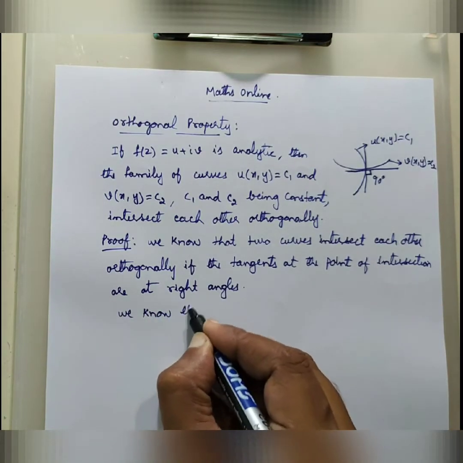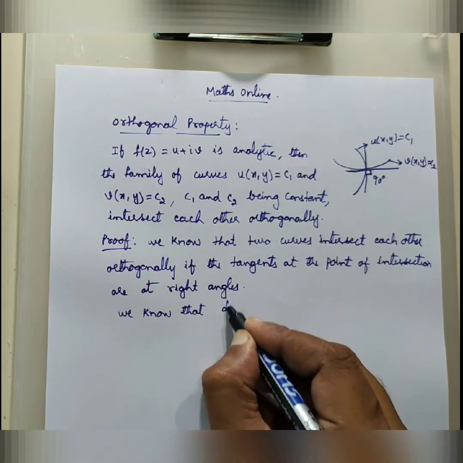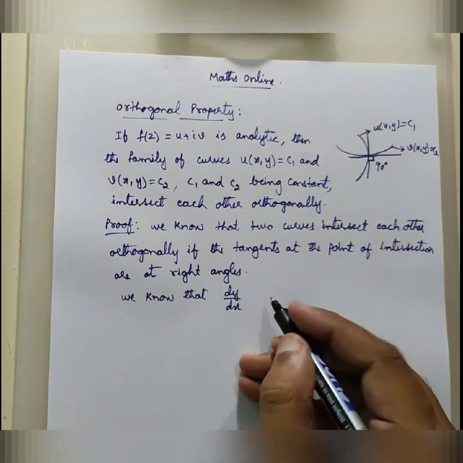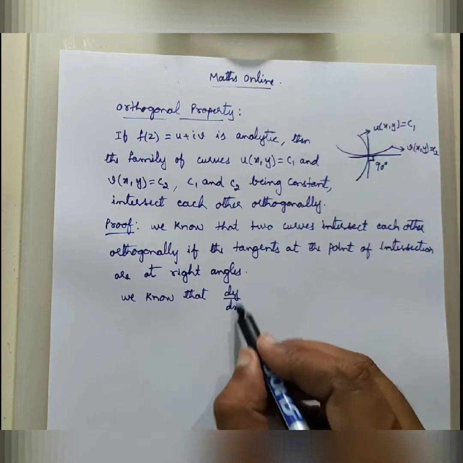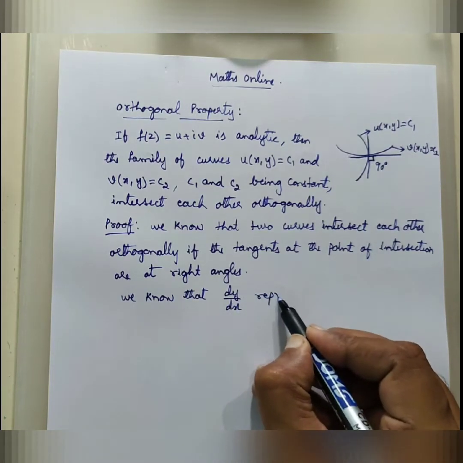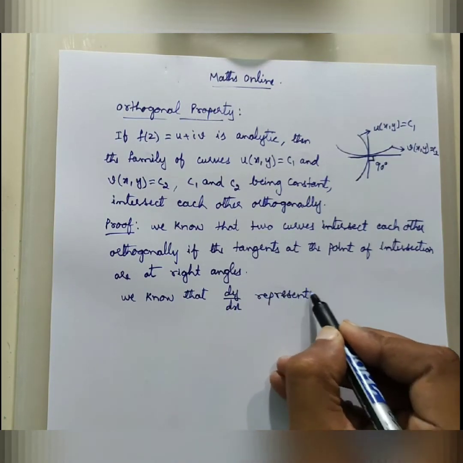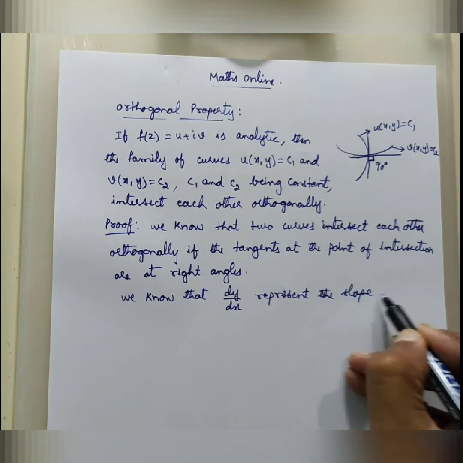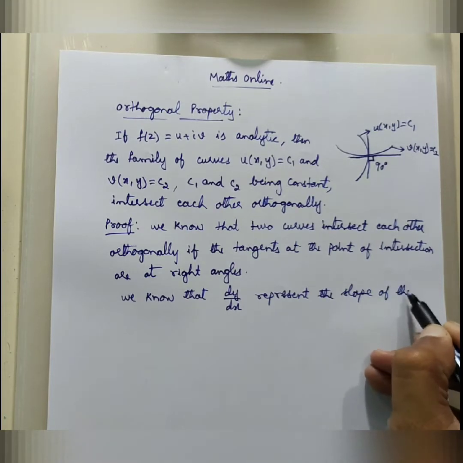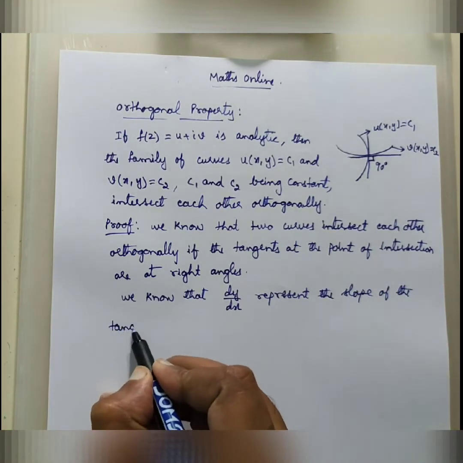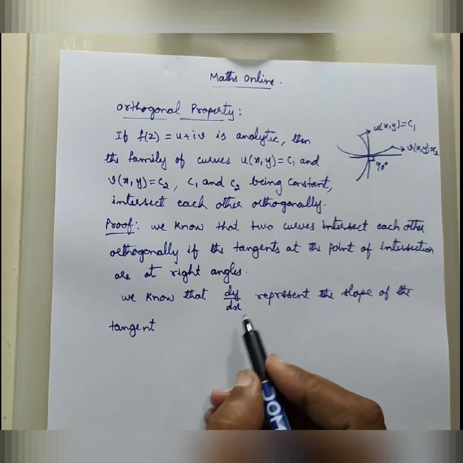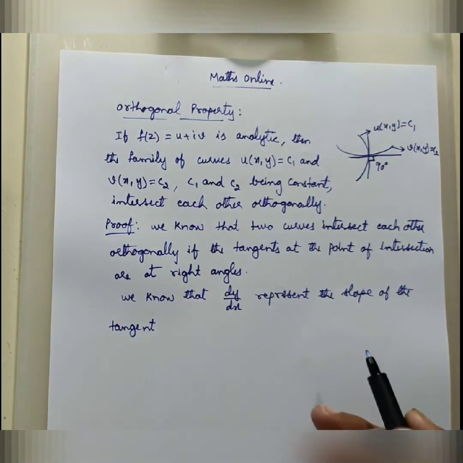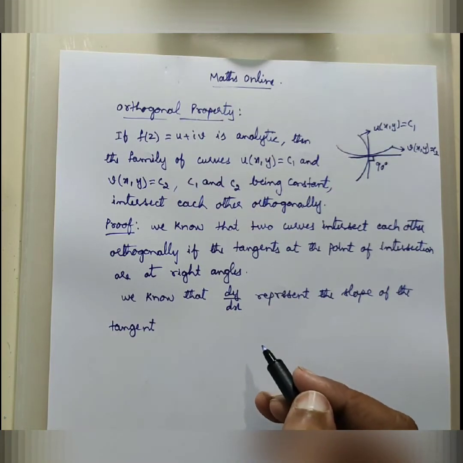We know that this derivative dy by dx represents the slope of the tangent. And what is the condition for the two curves to be perpendicular to each other?